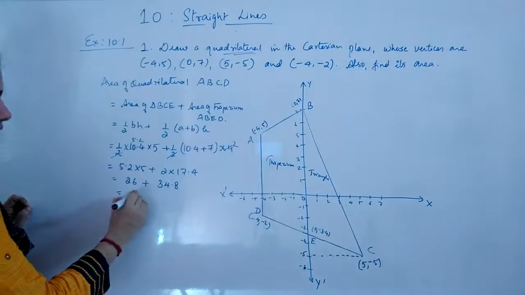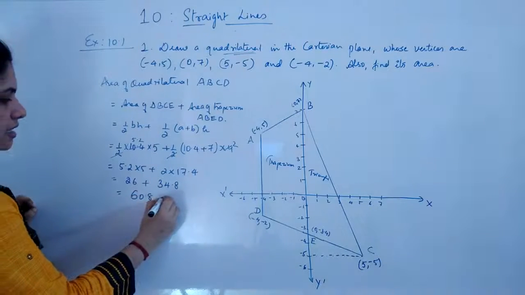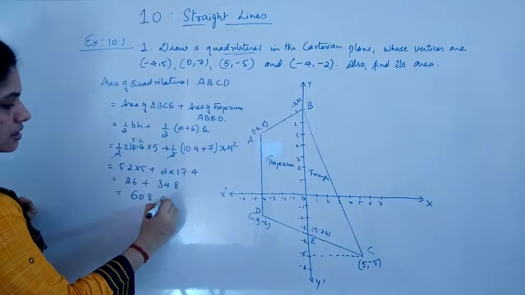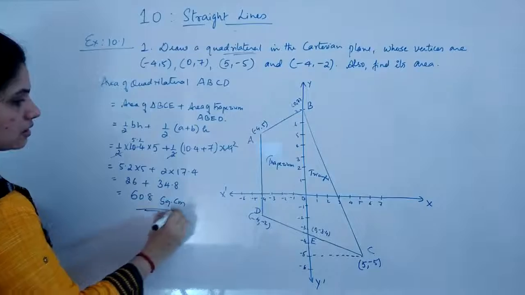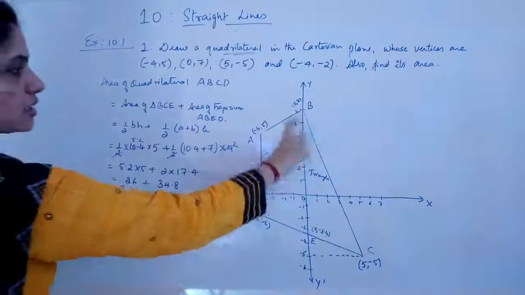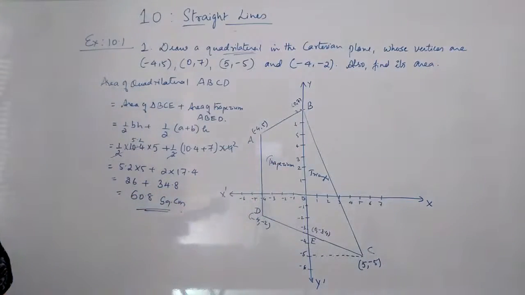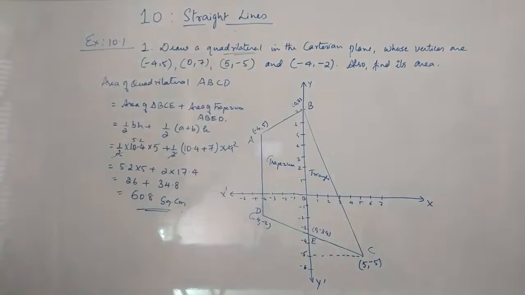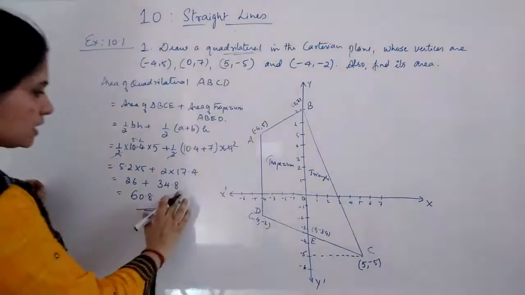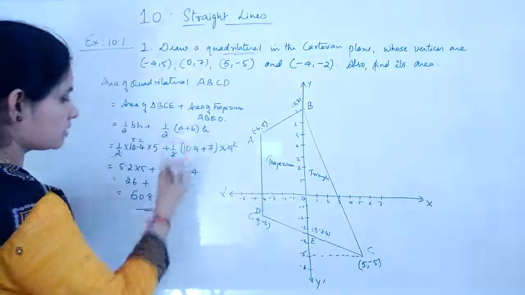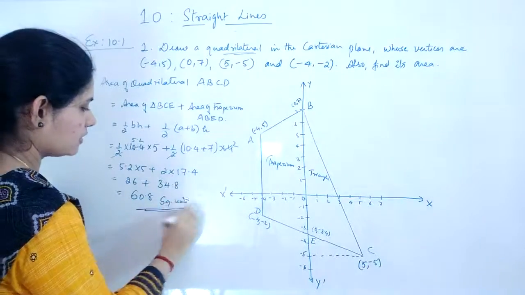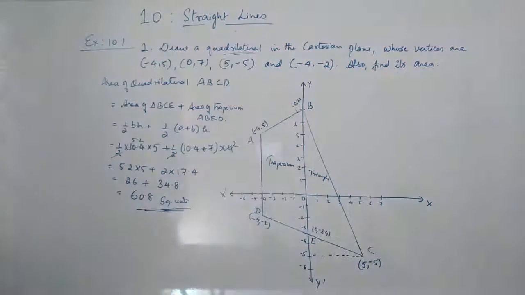So you will get 60.8 square centimeters. Since you have taken the graph, each unit is a centimeter. Okay, so this is the area of the quadrilateral ABCD. You can just make it square units, because centimeter is not given. Any unit which is given, you take its square.